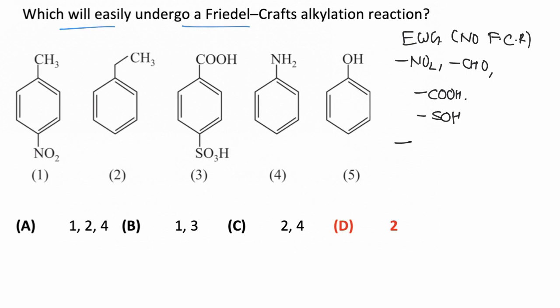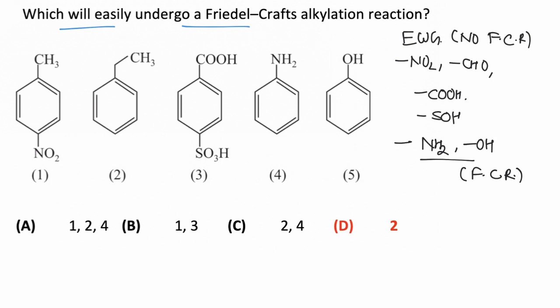And if NH2 and OH groups are present, in that case also Friedel-Crafts reaction is not possible, because in presence of AlCl3, NH2 and OH will be converted to cation, so Friedel-Crafts reaction is not possible.